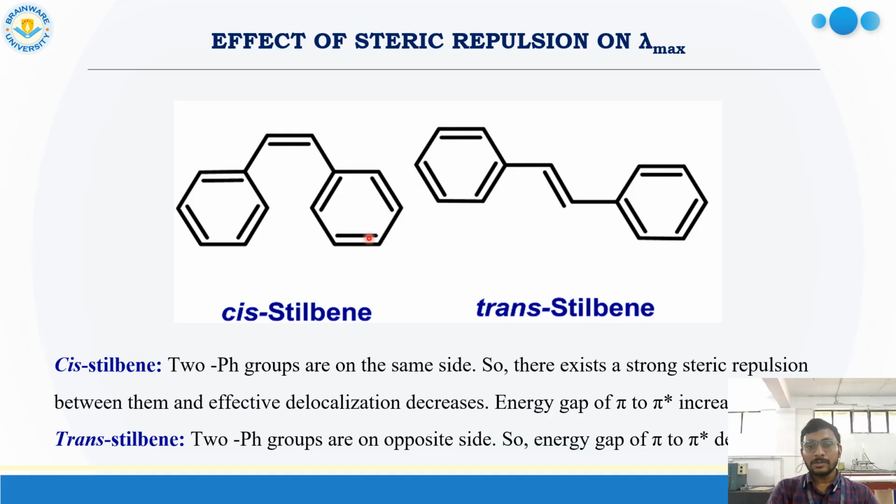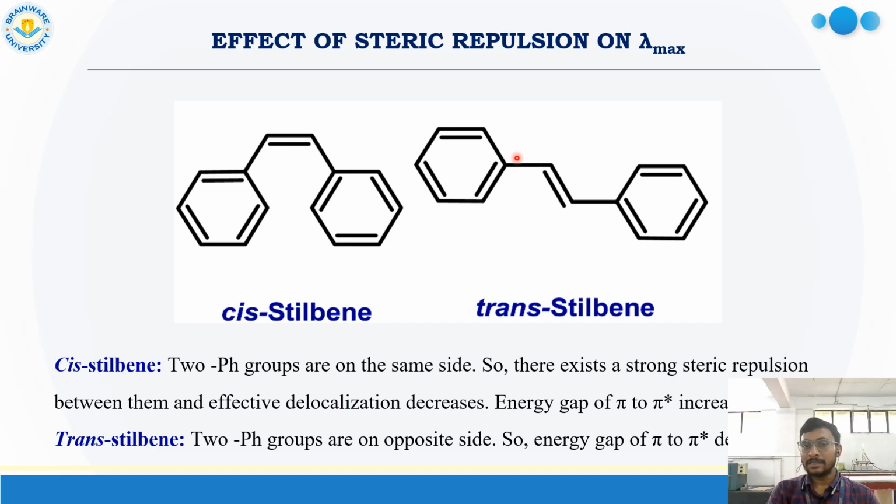So what happens, this benzene ring goes out of plane with respect to this double bond. If they go out of plane, the resonance cannot occur properly in these rings. So this resonance cannot completely and properly happen with this ring. So extended conjugation is stopped here.